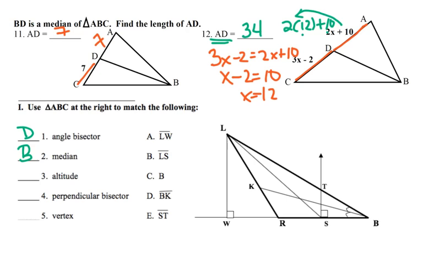Our next one is our altitude. Remember, that goes from a vertex and forms a right angle.